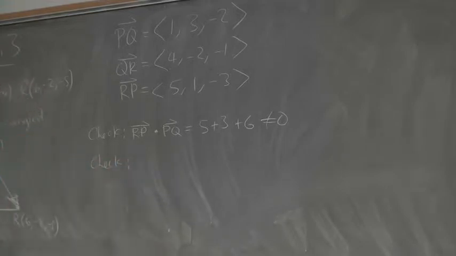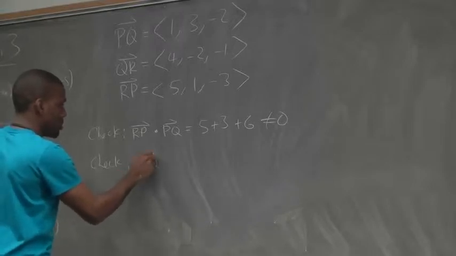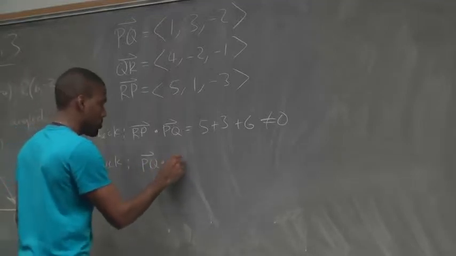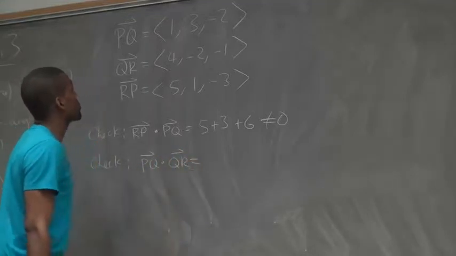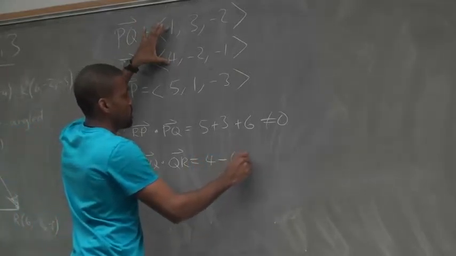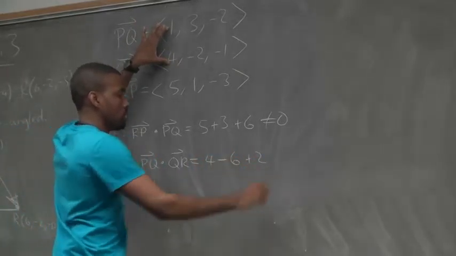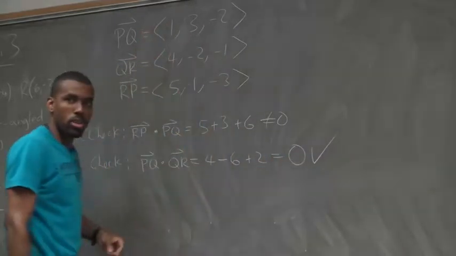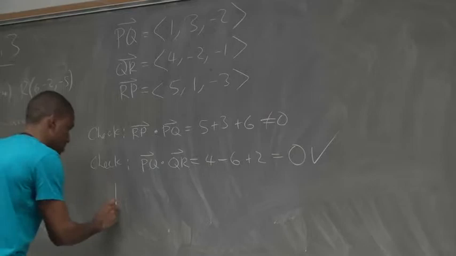I can check PQ dot product with QR. That'll give me 4 minus 6 plus 2. What's that? 0. We can stop, we don't have to check the other one, that's a right angle.